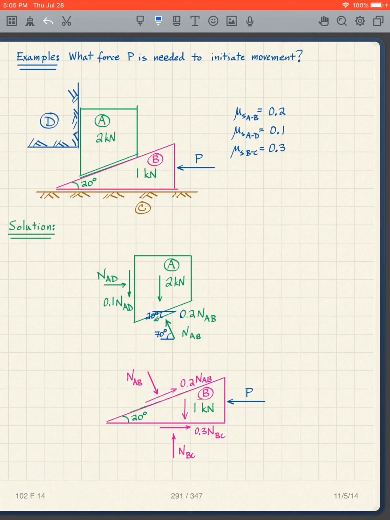Now again, I have to be consistent. These are adjacent free body diagrams here. So I've got that one, and they have to be consistent. So this is going to the left, this one's got to be going to the right. This is upward, this has got to be going downward.